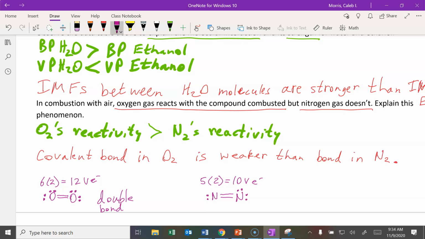This one's okay, but the one on the left is just 2, 4, 6, so it's not happy yet. I've still got to erase a couple more electrons and make another bond, so we end up with a triple bond. This one has a triple bond. And if you remember, triple bonds are stronger than double bonds. So that would explain why the covalent bond in O2 is weaker than the bond in N2. A triple bond is stronger than a double bond.